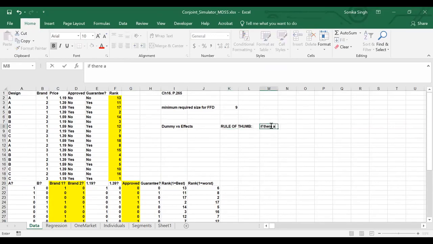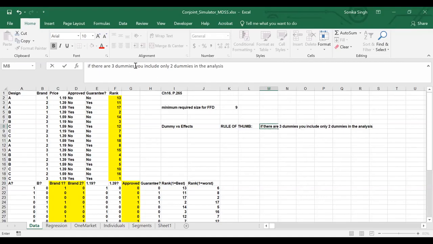If there are three dummies, you include only two dummies in the analysis.